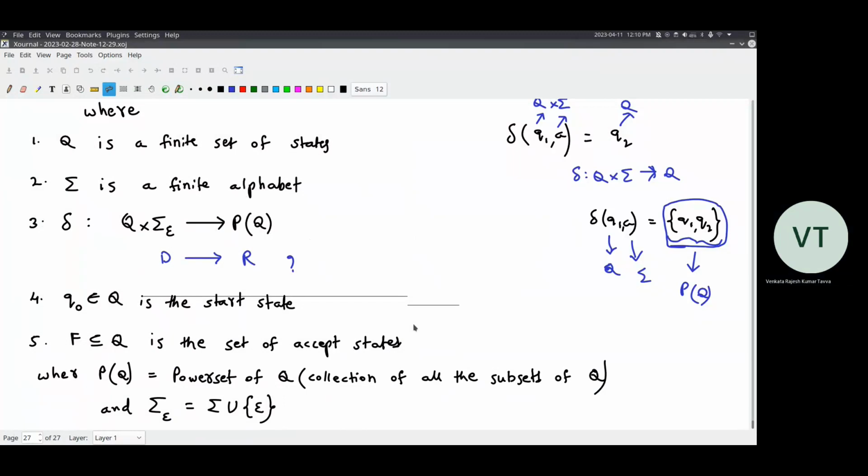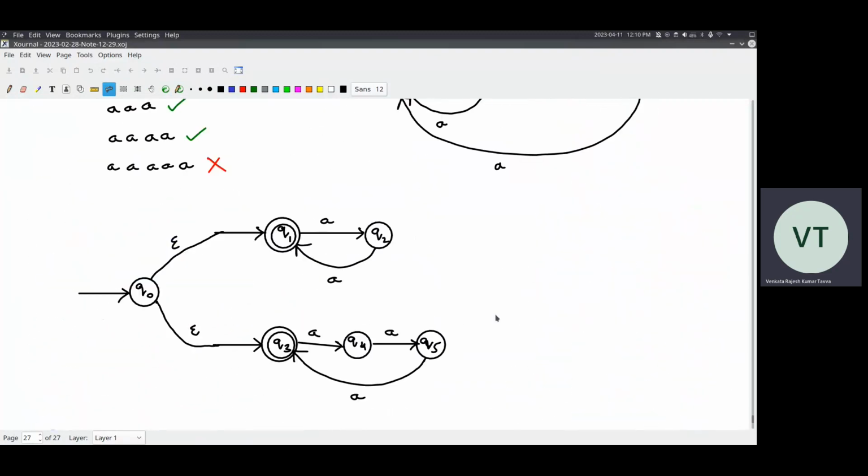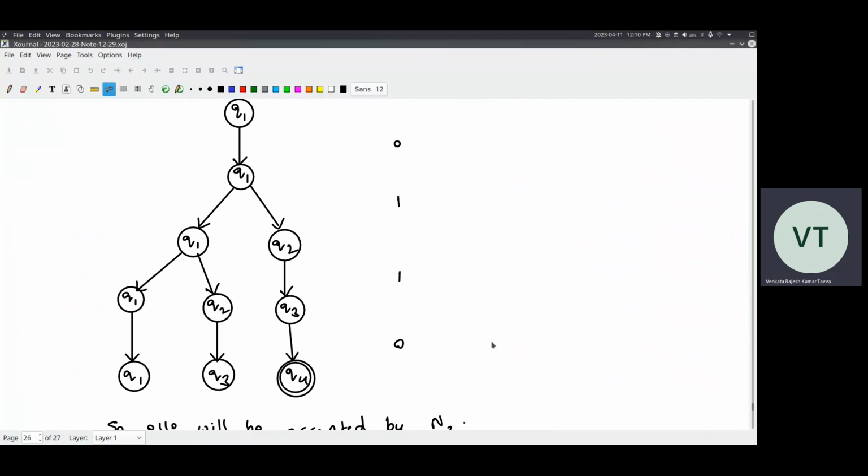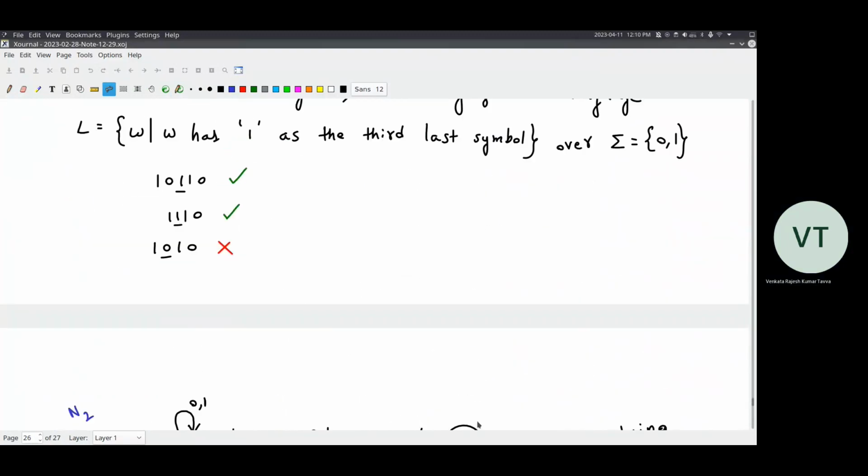So let's take an example and quickly give its formal description. Let's take the first example, N1.